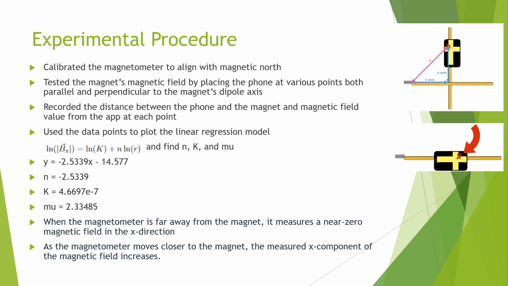Through our observations we found that when the magnetometer is far away from the magnet, it measures a near zero magnetic field in the x direction, and as the magnetometer moves closer to the magnet, the measured x component of the magnetic field increases.